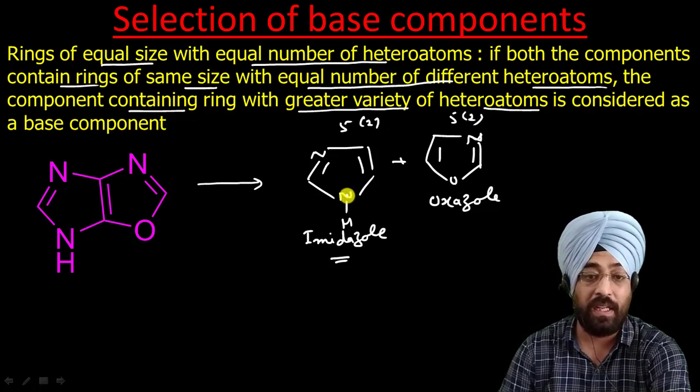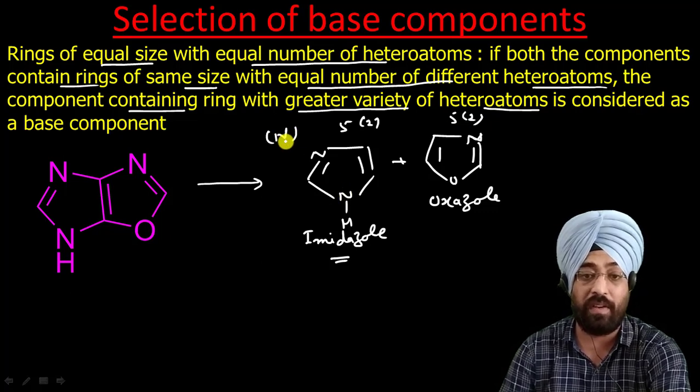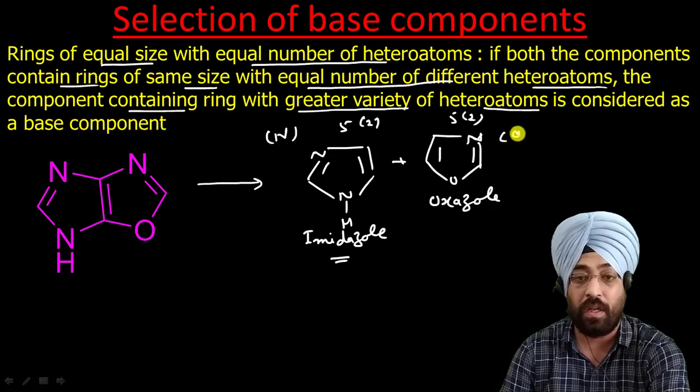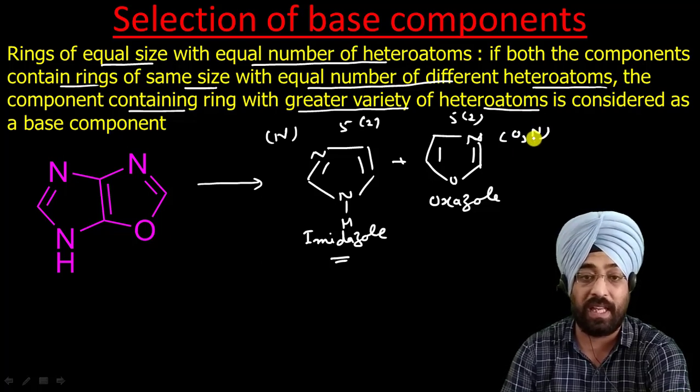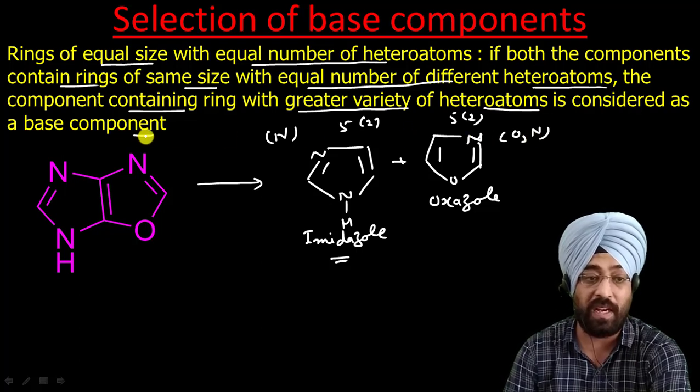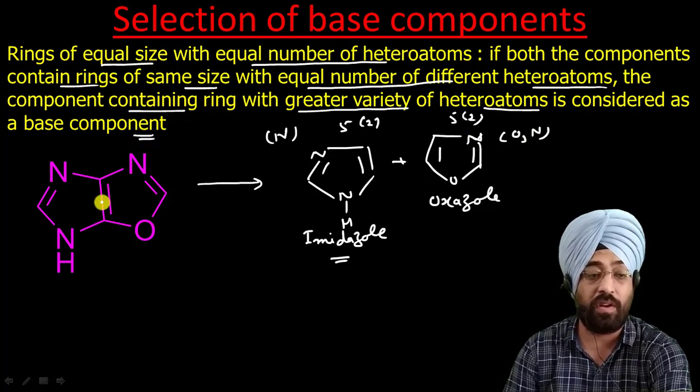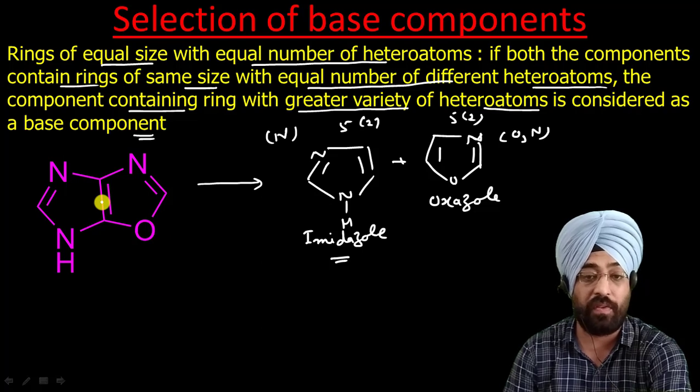Here we have only one type of heteroatom, only nitrogen. Here we have two types of heteroatoms, oxygen and nitrogen. So according to this rule, the ring with a greater variety of heteroatoms is considered as the base component when we have two rings of equal size and an equal number of heteroatoms.